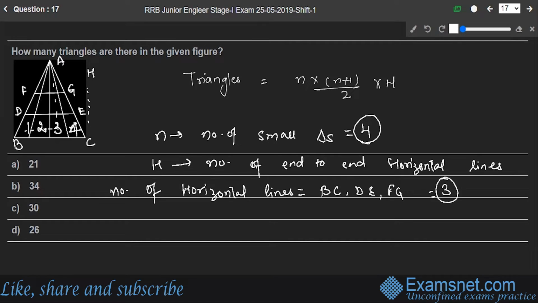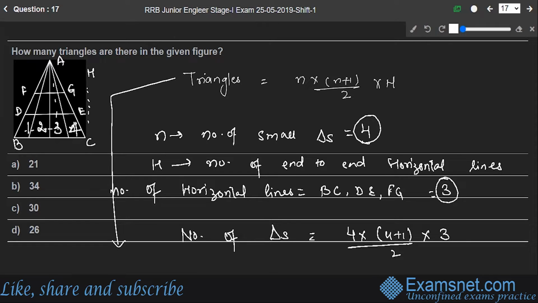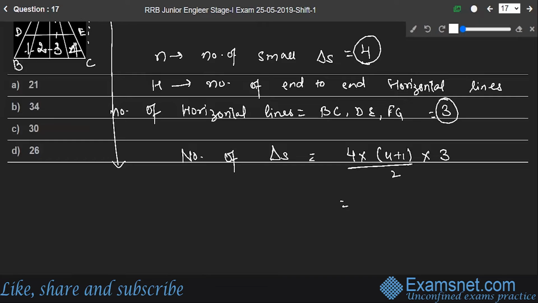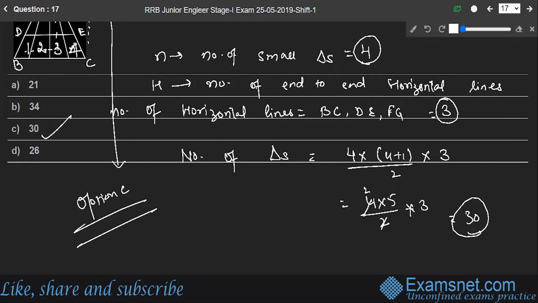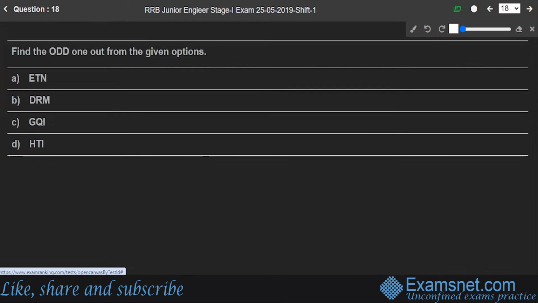So that means you have 3 lines over here. So number of triangles, if I follow this formula, is given by n, which is equal to 4 into n plus 1 divided by 2 multiplied by 3. So here you have, this is equal to 4 into 5 upon 2 multiplied by 3. This gives me 30. So you have the option as the right answer. Hope you got that. Let's move to the next question, number 18.